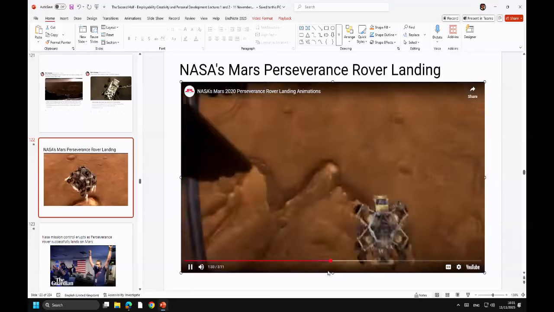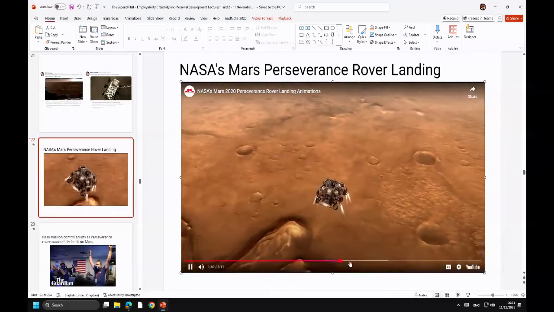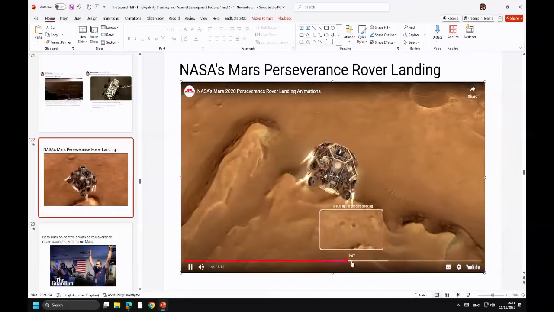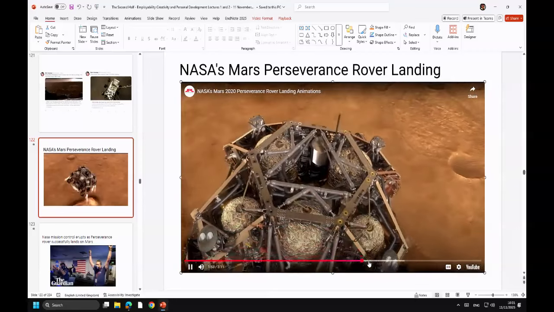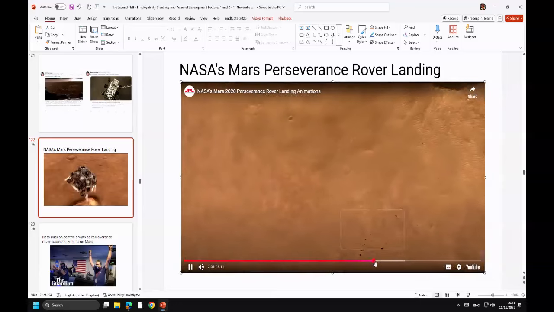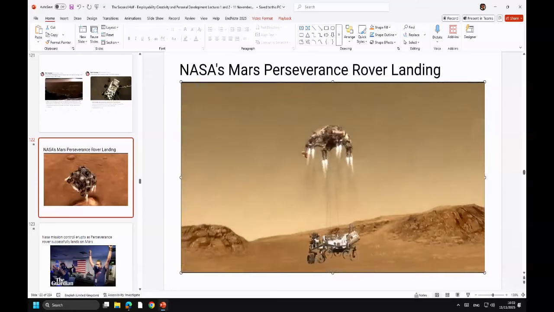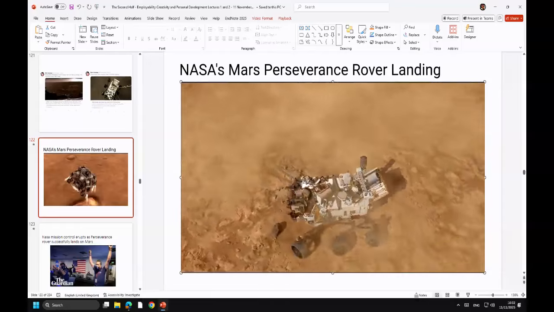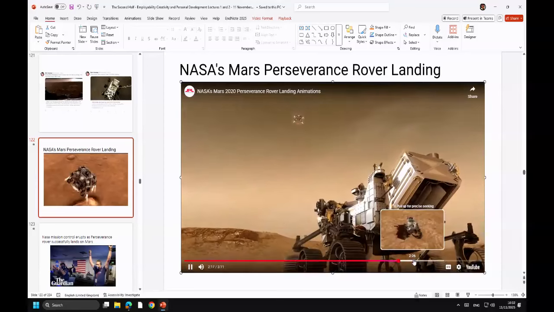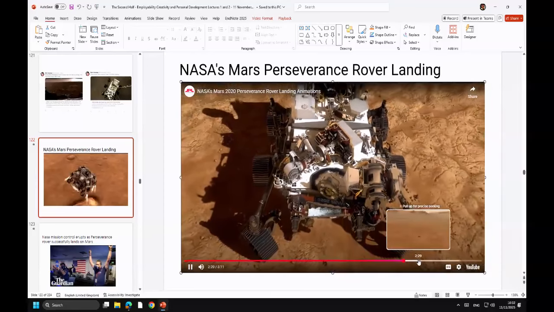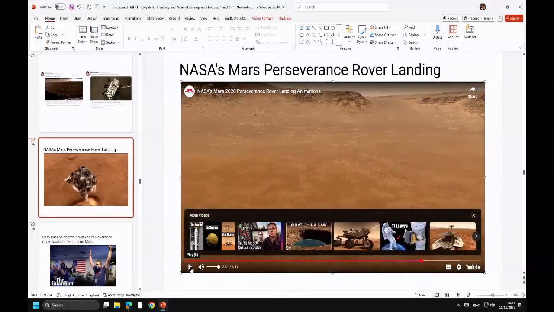So this is on Mars now. So how does this occur?